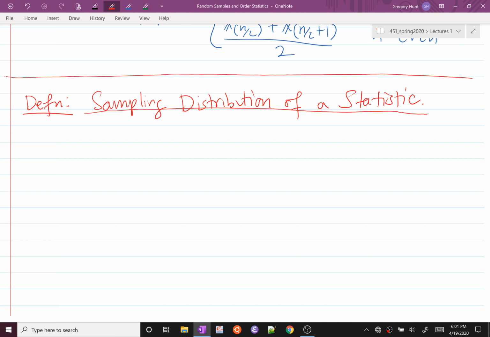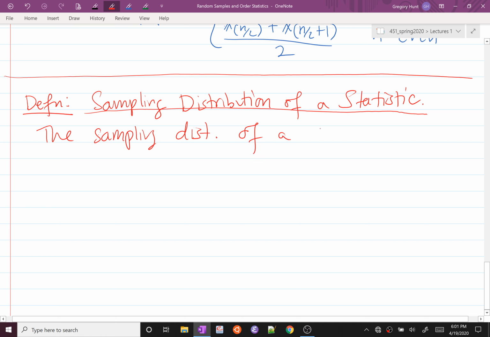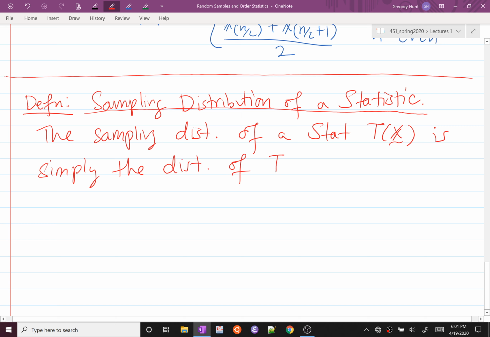Just to connect the dots to the introductory stat course, the sampling distribution of a statistic, say T of X, is simply the distribution of T of X.